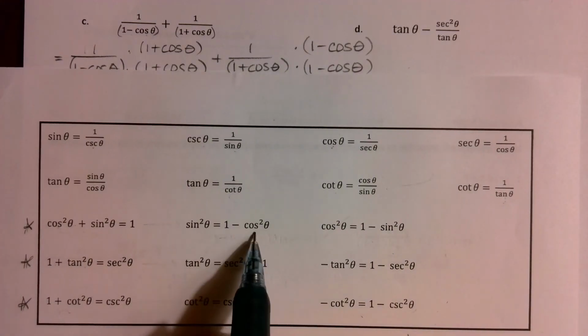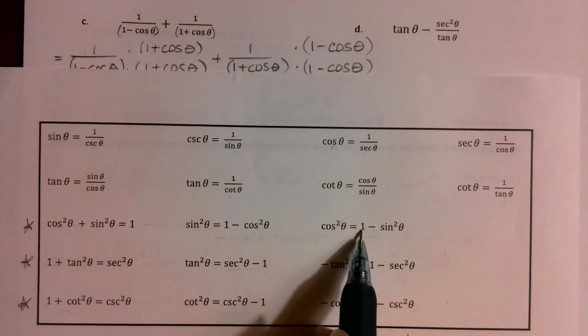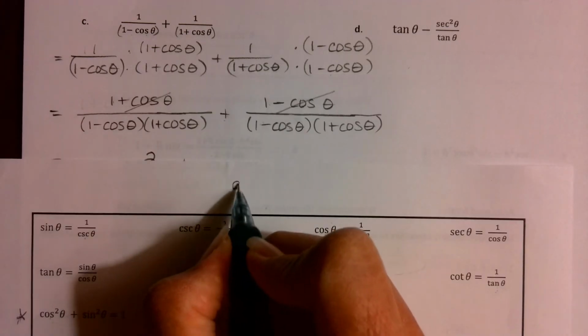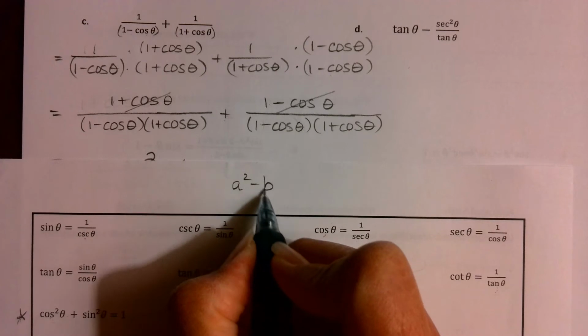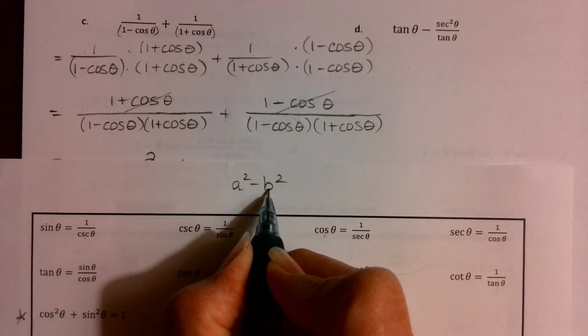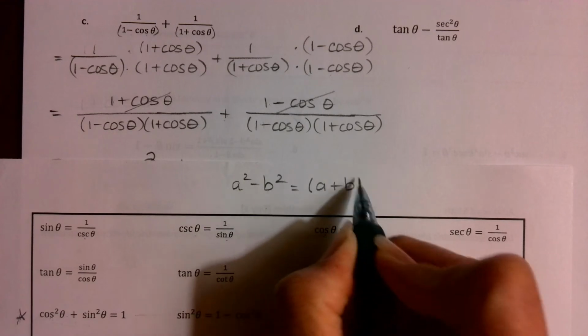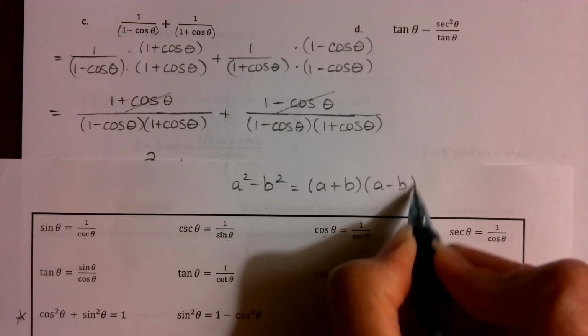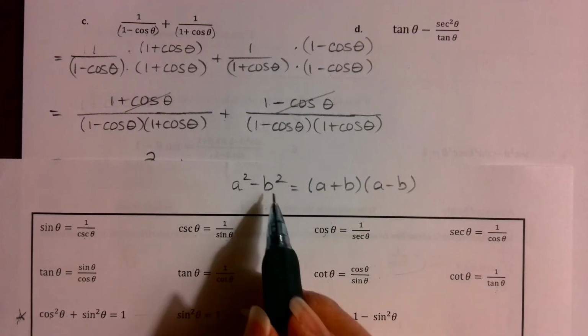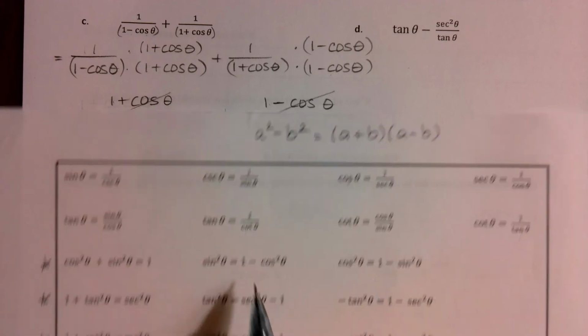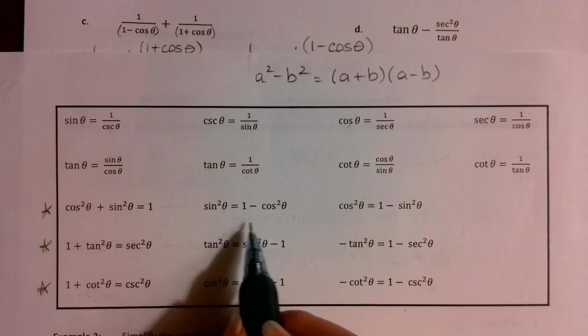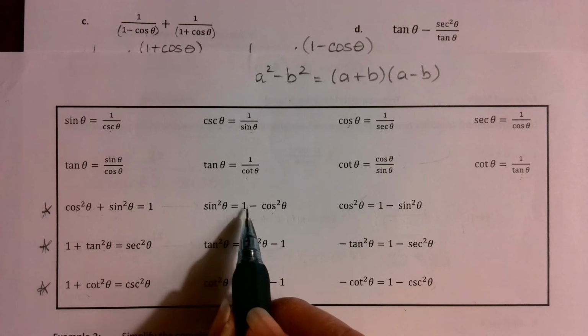Remember, we talked about how these right here can be factored using the difference of squares formula. Let me recall up here. If you have two squared terms that are subtracting, you can factor it by writing it as A plus B, A minus B.